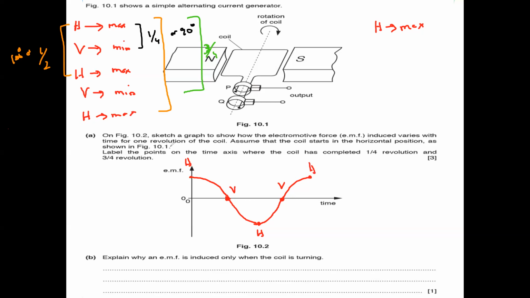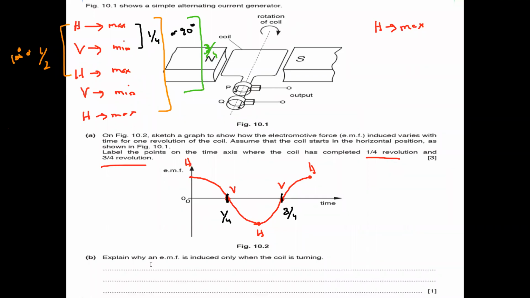So in the question, they mention label the point on the time axis where the coil has completed 1/4 of revolution and 3/4 of revolution. So here it has completed 1/4 of the revolution, and at this point it has completed 3/4 of its revolution. Explain why EMF is induced when the coil is turning.